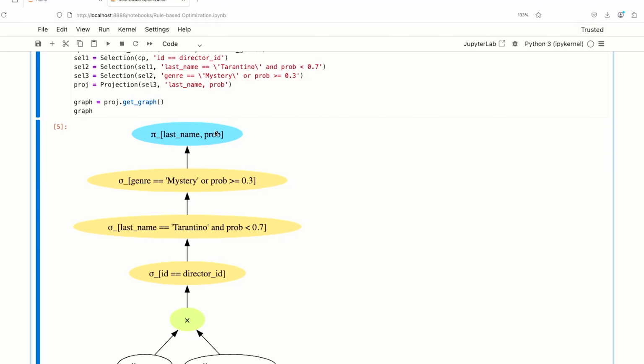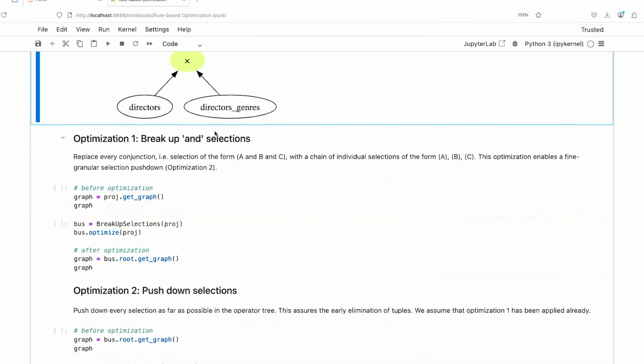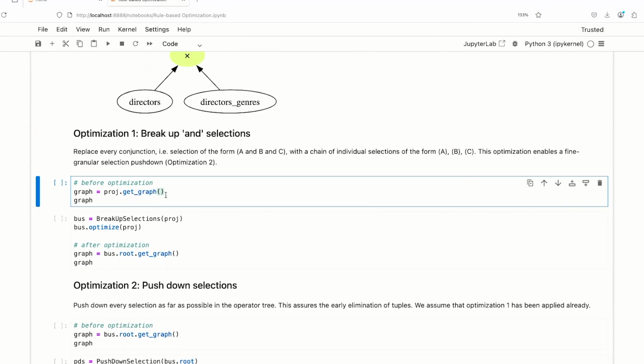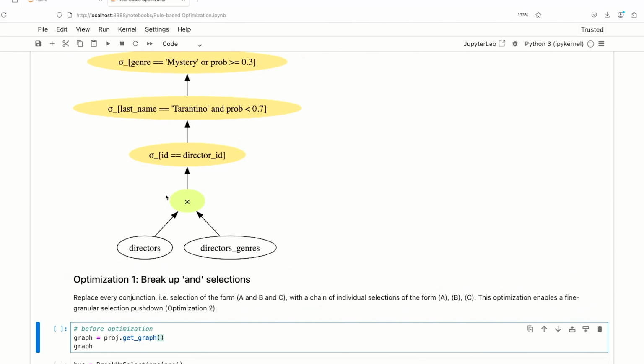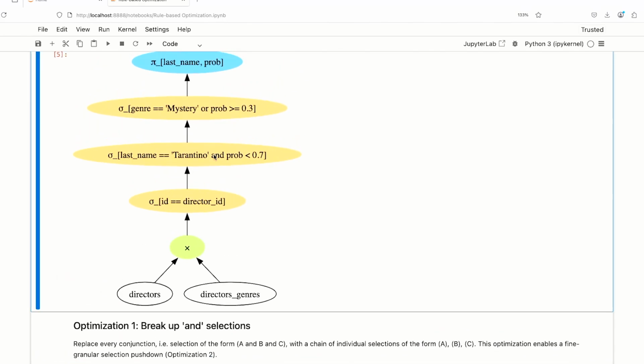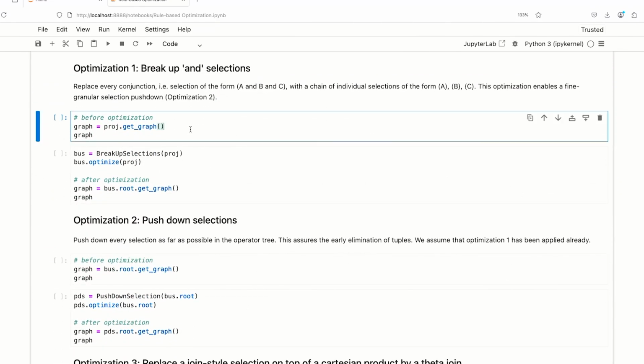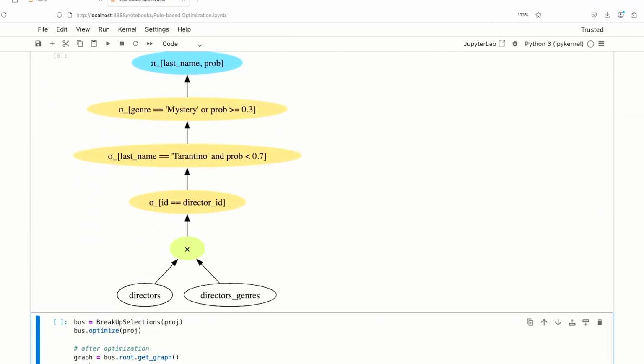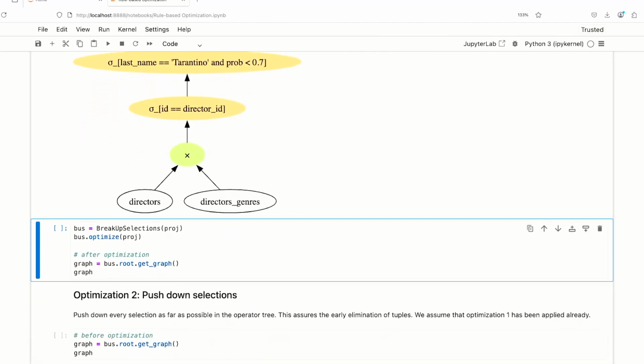And now we will iteratively rewrite that plan to something that we believe is more efficient. The first step is that we break up the conjuncts. Where do we have it? We have one here. This is a conjunct. Oops, I can't mark that somehow. So here's our AND, see that? That's the conjunct. We could break that up, and that's what we do here. Again, this is what we see before applying the optimization.